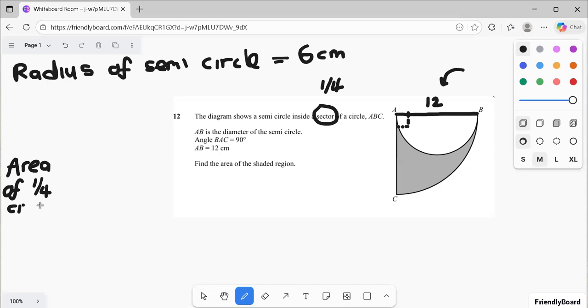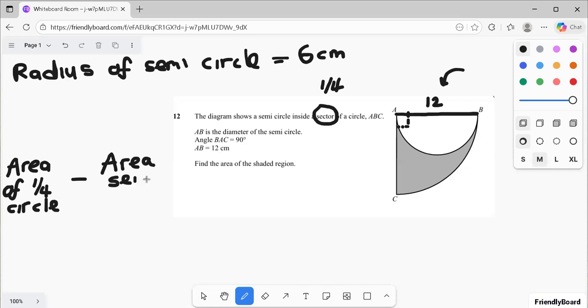Area of quarter of the circle there. Then I'm going to take away the area of the semicircle.